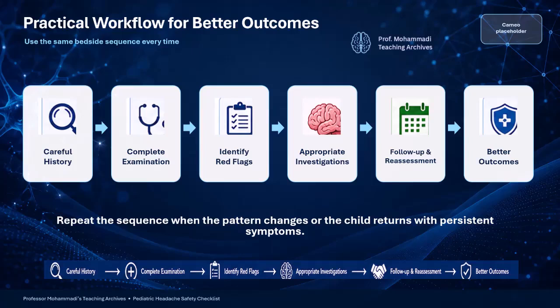After that, identify red flags before deciding whether investigations are needed. Investigations should be appropriate to the level of concern. Finally, communicate the follow-up plan clearly. Reassessment is not just an administrative step, it is part of the diagnostic strategy. By repeating this sequence whenever the headache pattern changes or symptoms persist, clinicians can support better outcomes and safer care.